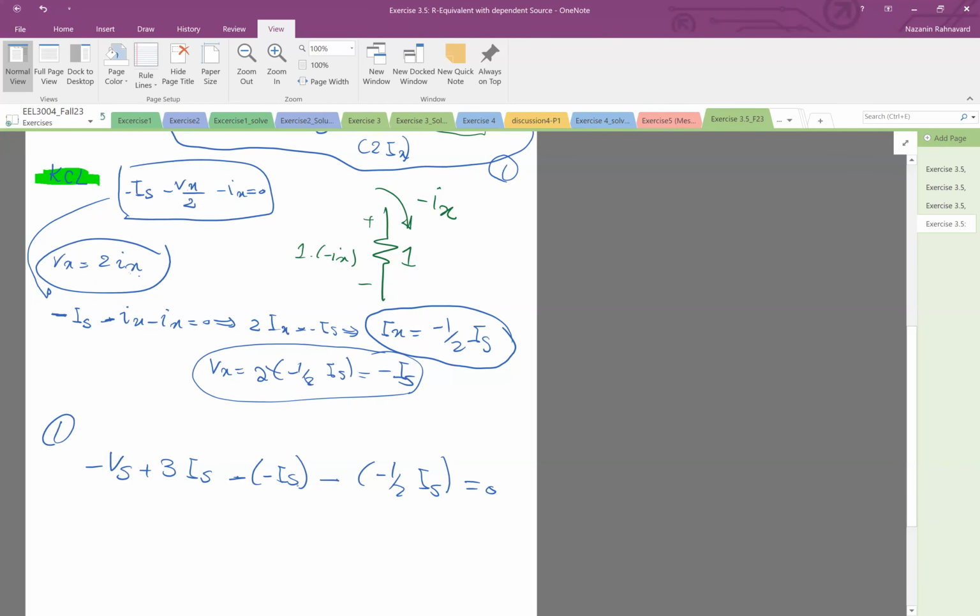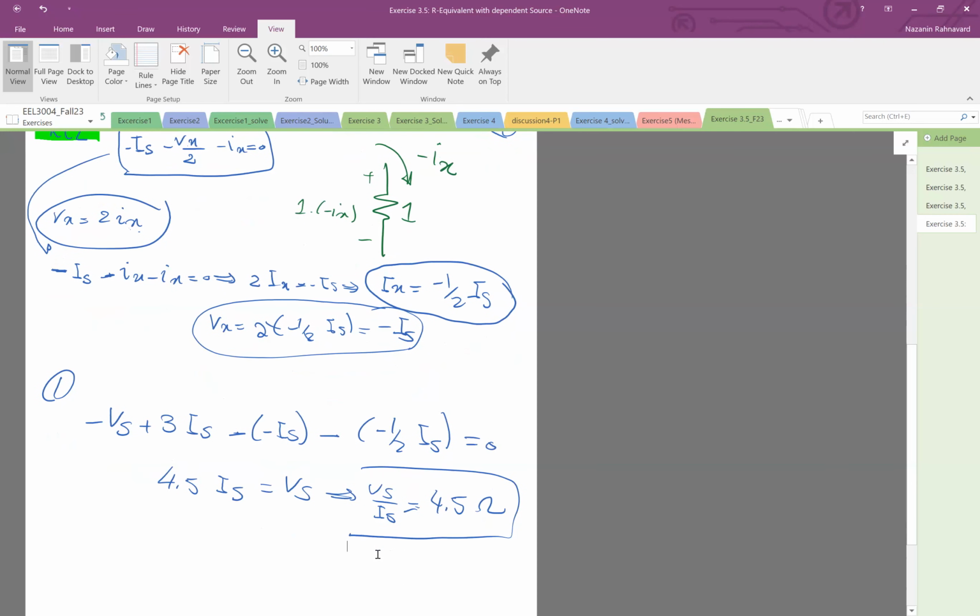So 3Is, plus 1Is, 4Is, plus half, 4.5 Is. 4.5 Is here, and then take Vs to the other side. So Vs over Is equals 4.5 ohms. Okay, and this is the R equivalent.